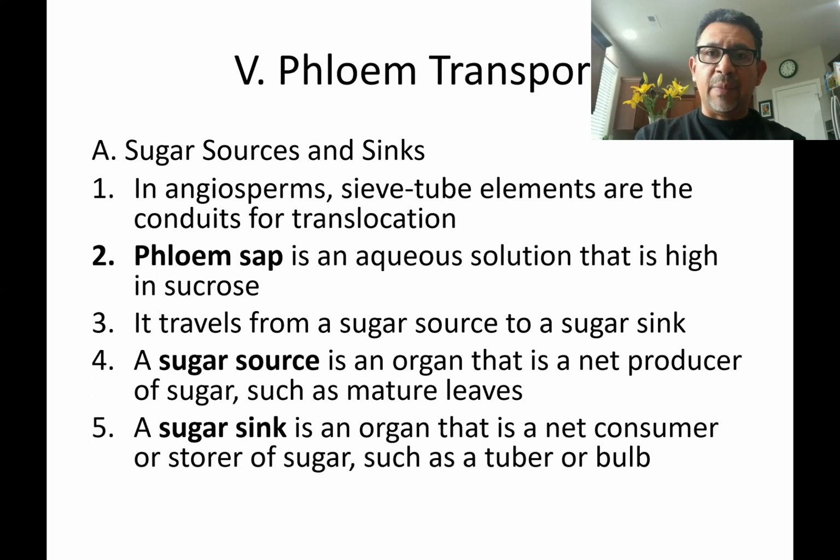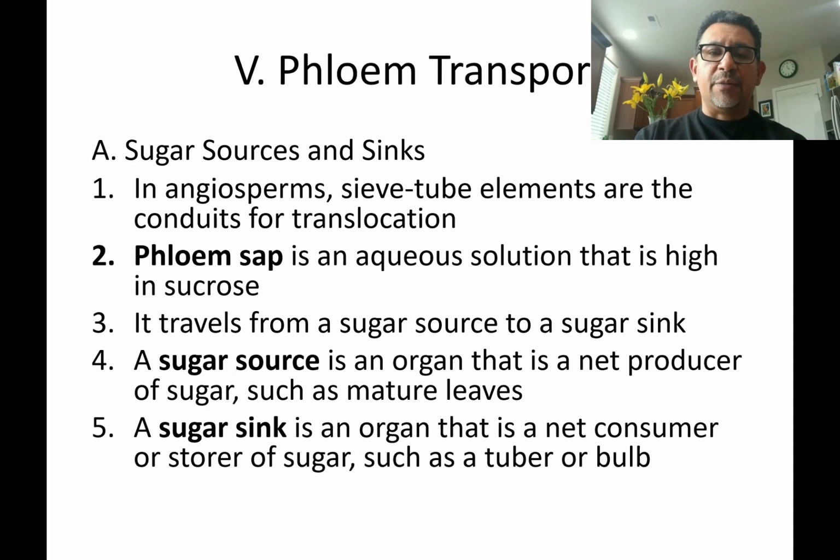Here again, think about those structures, the green parts of the plant I just made reference to, such as the leaves and the stems. We call them sugar sources because that is where the net production of sugar will be taking place. Phloem will be transporting sugars from sources to sinks.